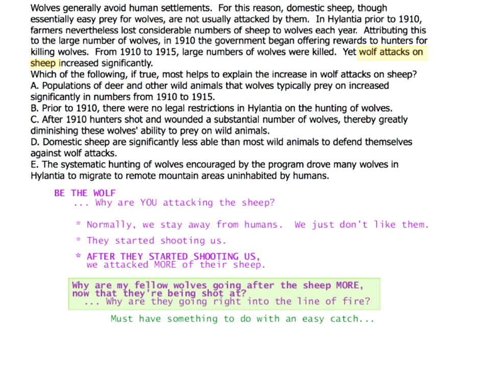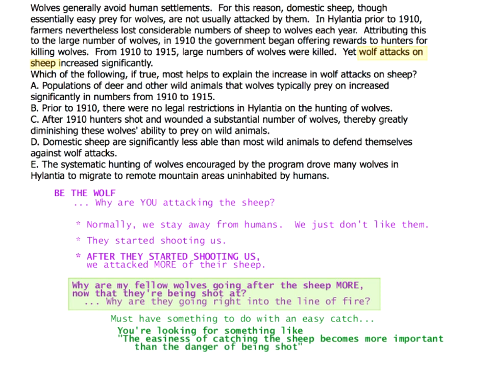Without even looking at the choices yet, you're looking for something like: the easiness of catching the sheep becomes more important than the danger of being shot. It's got to be something like that, because these wolves are not acting baselessly. So let's take a look.